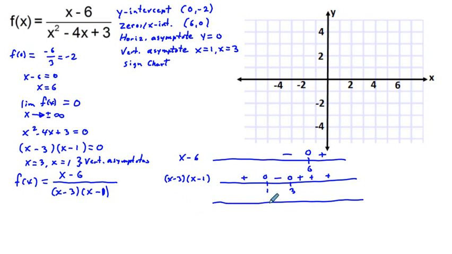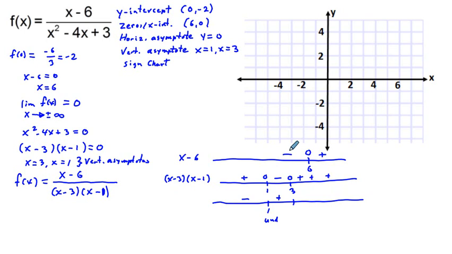So for less than 1, we have negative divided by positive, which is negative. At 1, what we have is negative divided by 0, which is undefined. That's going to be one of our vertical asymptotes. Between 1 and 3, we have negative divided by negative, which is positive.